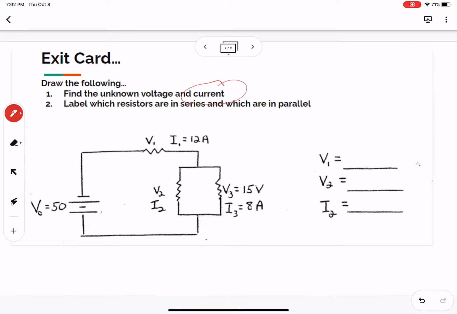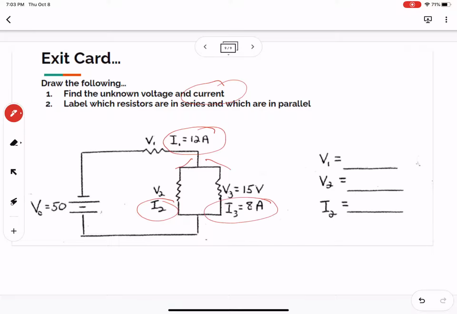All we're given is this current, I1. That's the current in the circuit initially. Then you can see that the circuit splits up into two parts, so we have a current on the left branch and a current on the right branch.